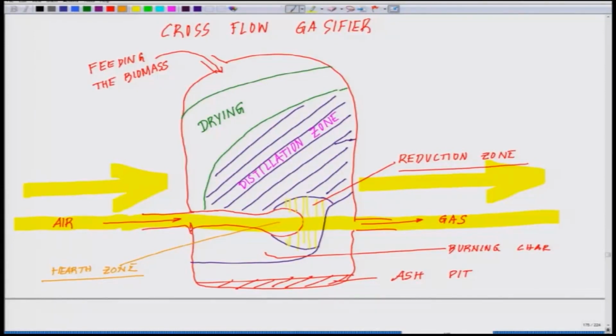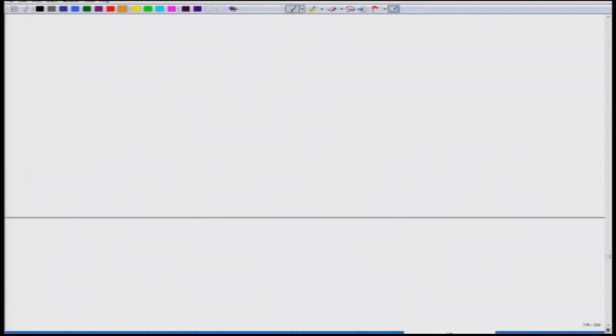Okay. So, now we will write some of the basic characteristics of the cross flow gasifier. In this situation, the feed or the biomass or the feedstock moves downward.